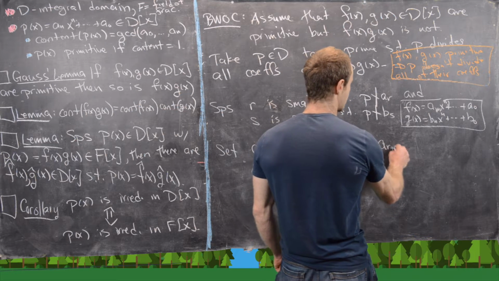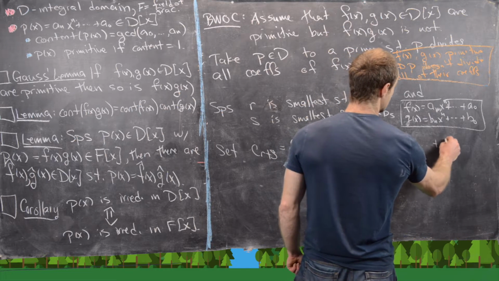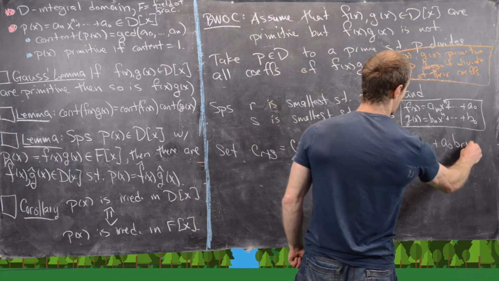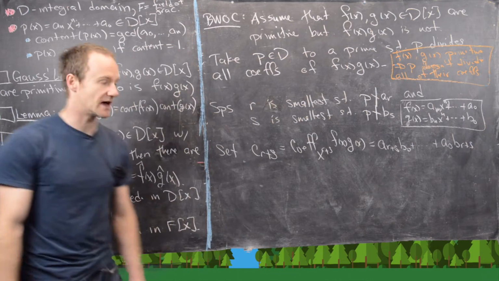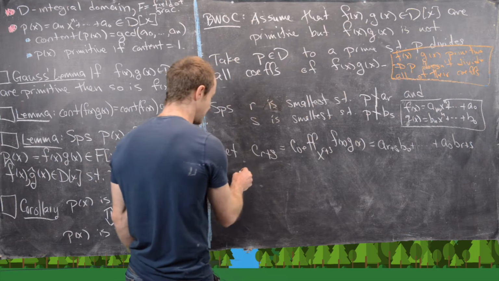So we have a_{r+s} b_0, plus all the way down to a_0 b_{r+s}. Something like that. But now, notice that we can rewrite this in the following way.